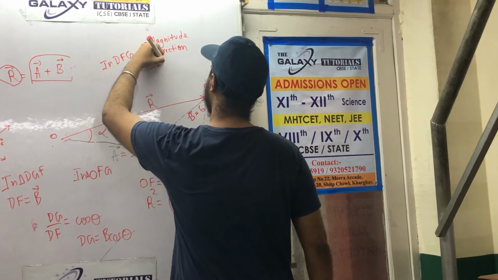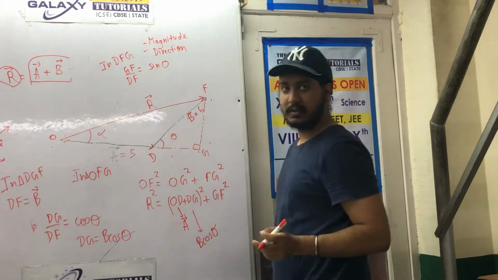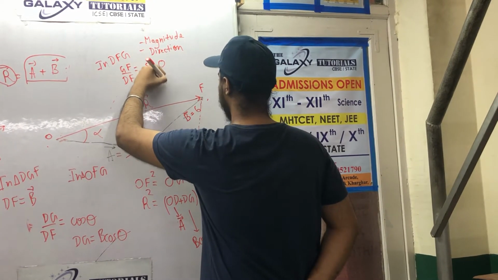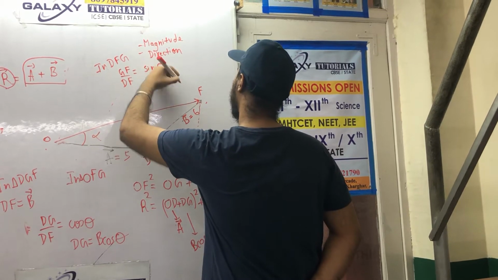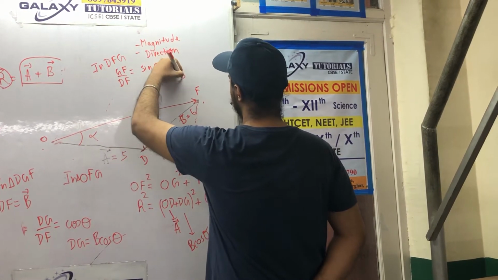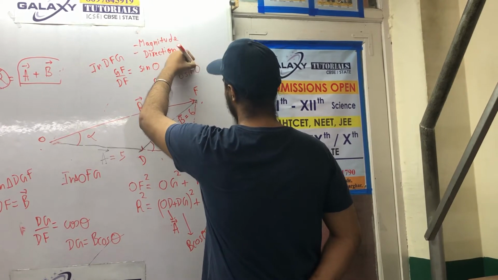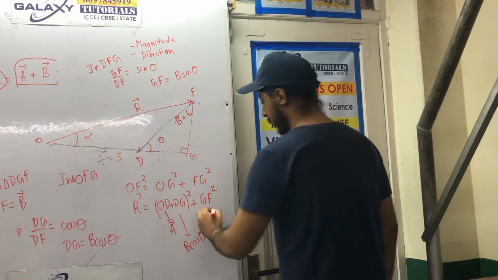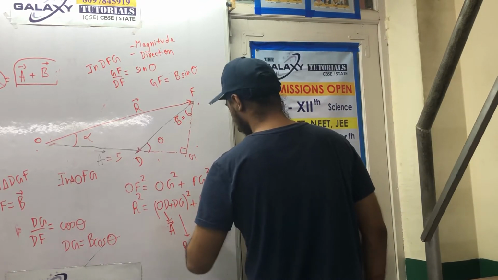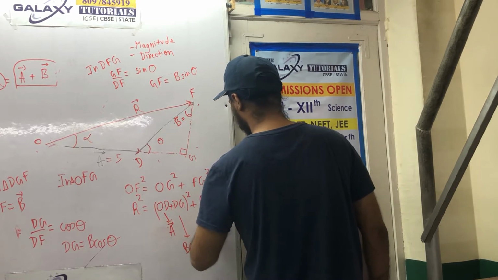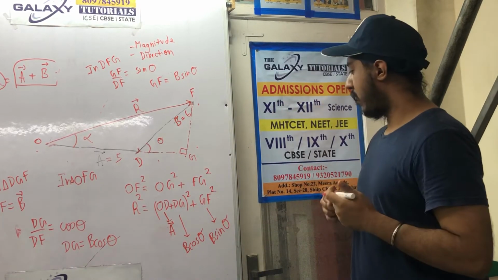Perpendicular upon hypotenuse is sin theta. So you will get GF is equal to DF into sin theta. DF is B, so that will be B sin theta. So hence we have found the value of GF. GF will be B sin theta. Okay, now we have found all the values.